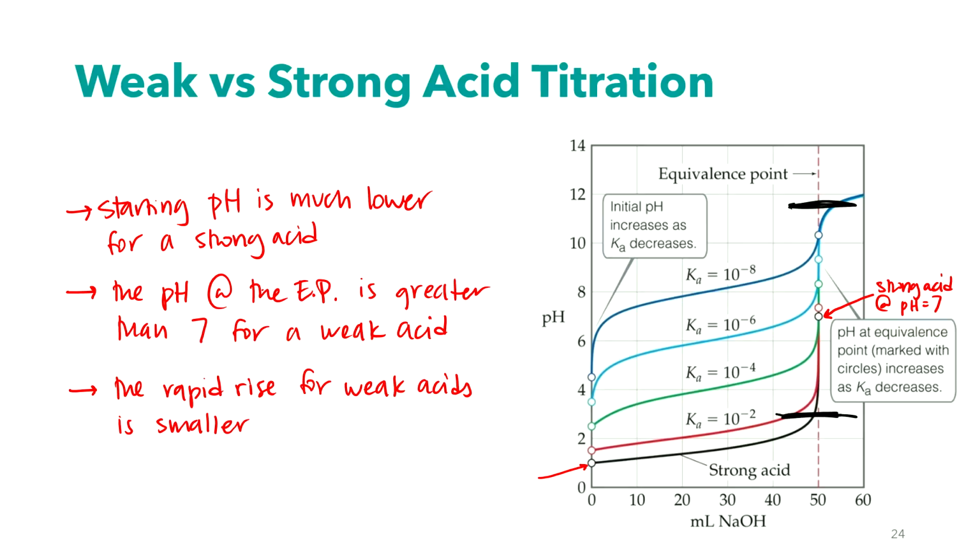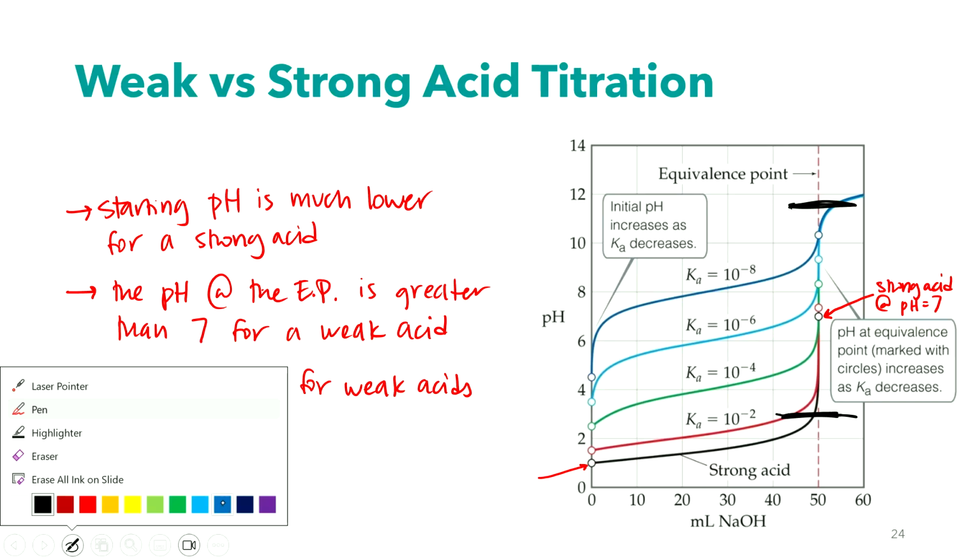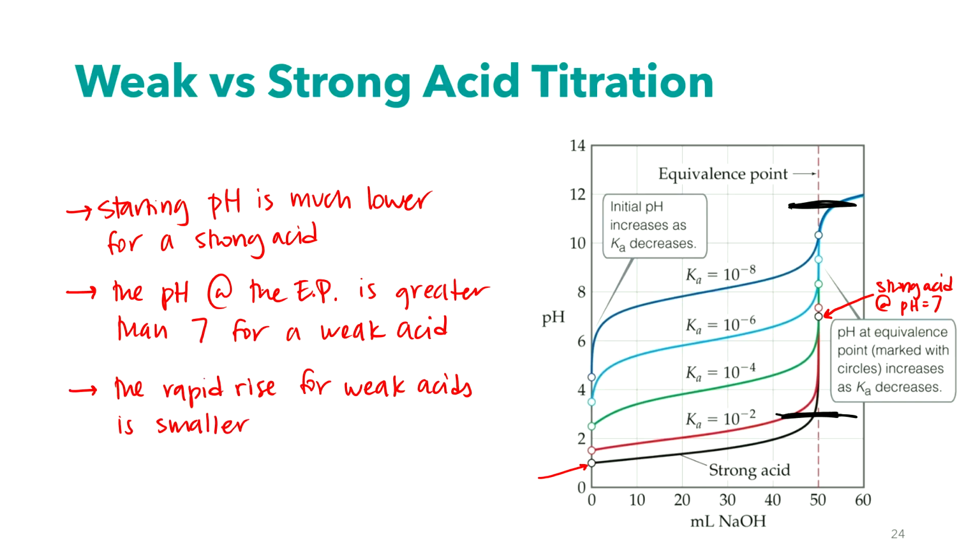That's a really big change, whereas for our weakest of weak acids, this dark blue, it's from here to here, right? So it's getting smaller and smaller, okay, as our weak acid gets weaker. So you should be able to look at a graph and say, I know that that's a weak acid strong base titration versus a strong acid strong base titration.